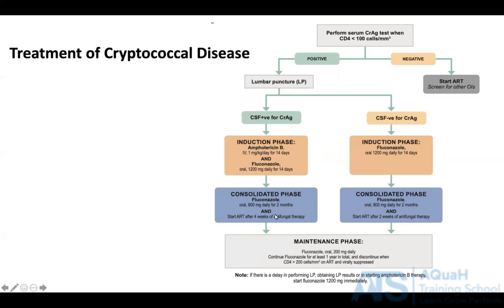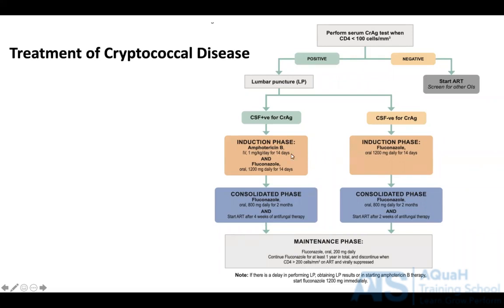So don't forget to start ARVs. After 2 months, we can then reduce the fluconazole to 200 milligrams daily, continue the fluconazole for at least 1 year, and only stop it if the CD4 count increases to above 200 and the patient is virologically suppressed, right?